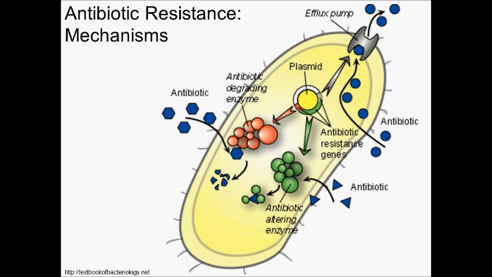Antibiotic resistance. Let's talk a little bit about the mechanism of antibiotic resistance. Here's a simple cartoon that illustrates some ways in which a cell can become resistant to an antibiotic. One common mechanism is the efflux pump. That's an enzyme on the cell membrane that basically takes the antibiotic and pumps it back out, keeping the concentration of the antibiotic relatively low inside the cell so that it can't do any harm.